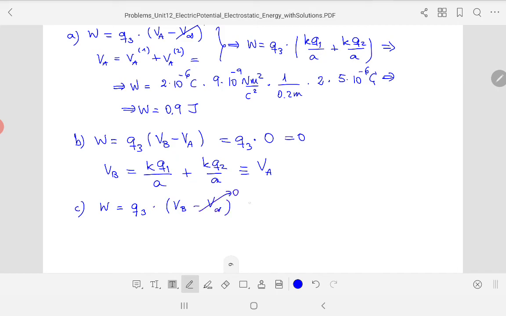So this is 0, and this is equal to Q3 times VB, which in fact is Q3 times VA because they are both the same. It's the same as the work we had to do to bring it to point A.